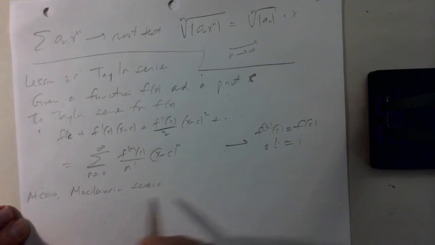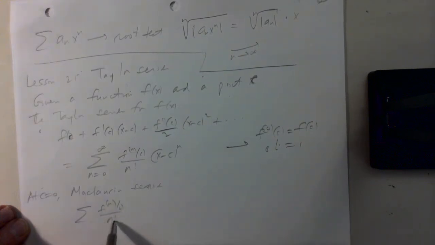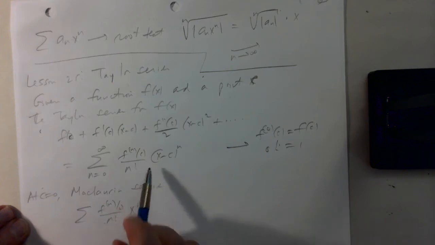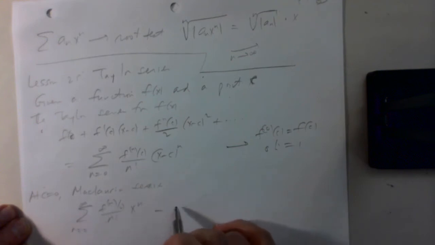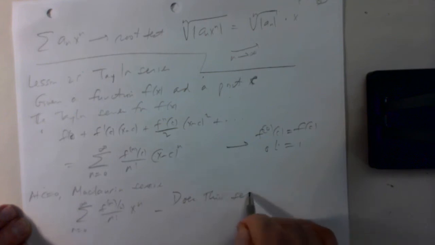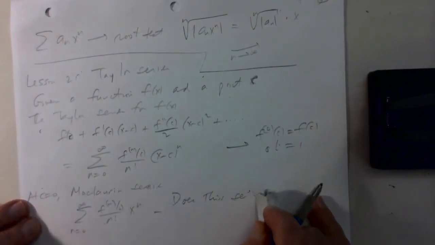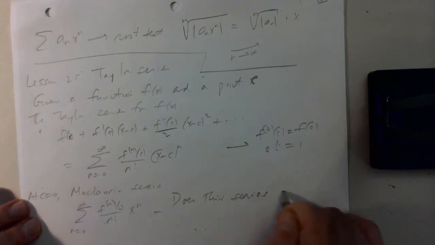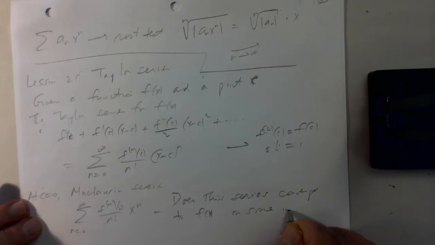And the series looks like summation nth derivative at 0 over n factorial, x to the n. c is 0, so x minus 0 to the n is just x to the n. And the question is, does this series converge to f of x on some interval centered at c?